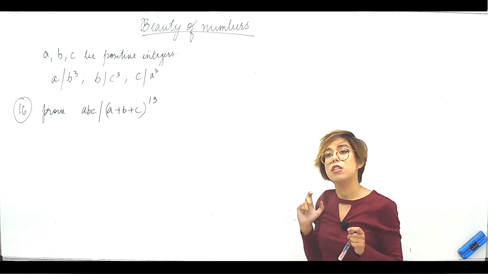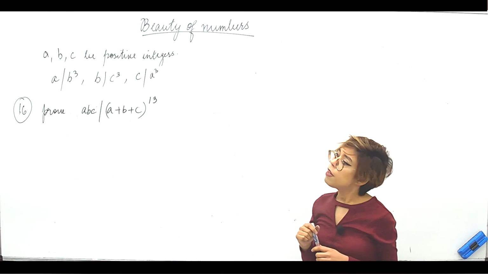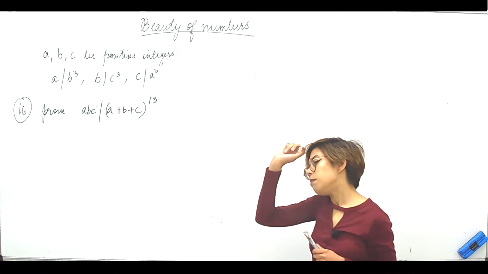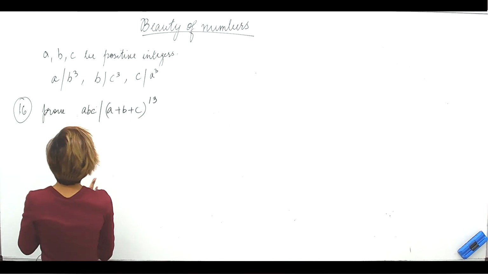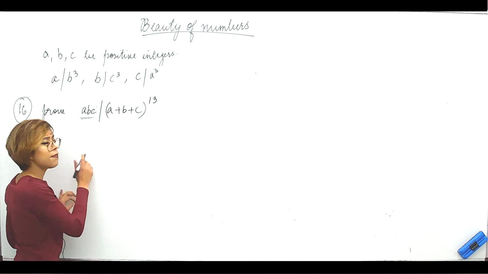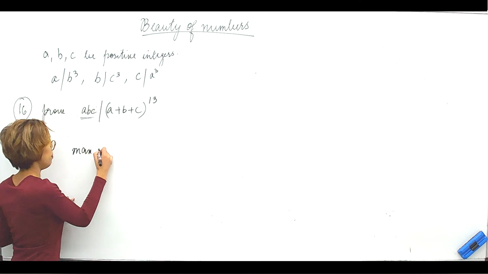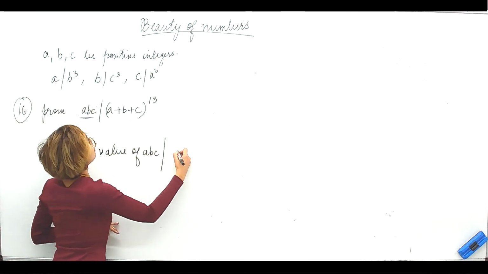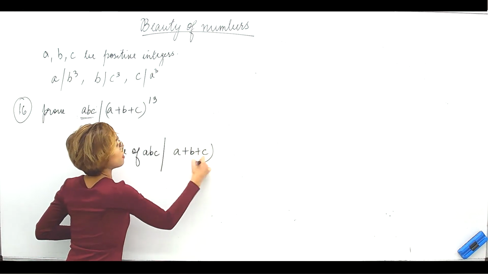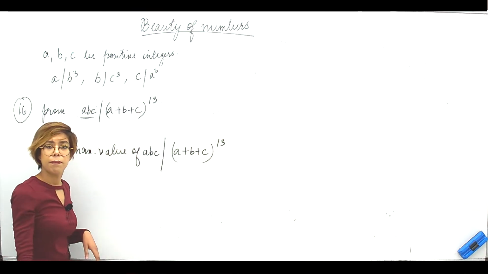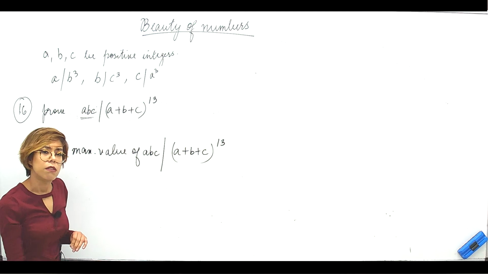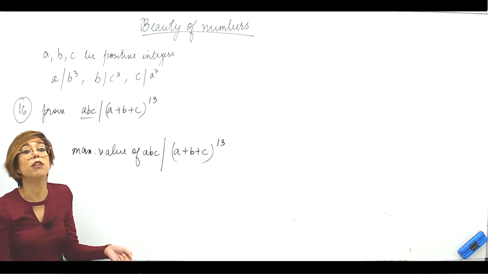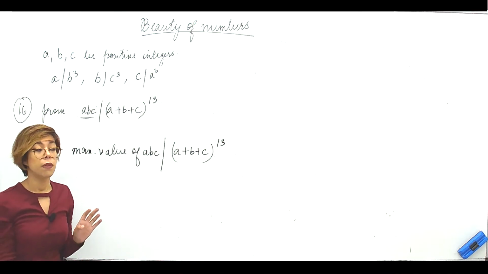So how should I proceed? And we have been talking about maximum value. Now tell me, if somehow I can say that the maximum value of ABC divides (A plus B plus C) raised to power 13, do you think my job will be done? Because till now we have been talking not about ABC, we have been talking about the maximum value of ABC, right?